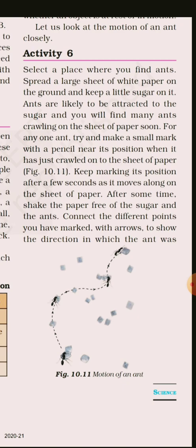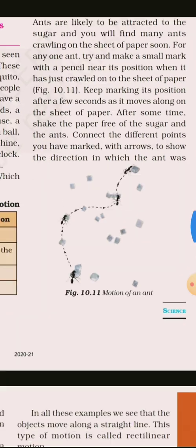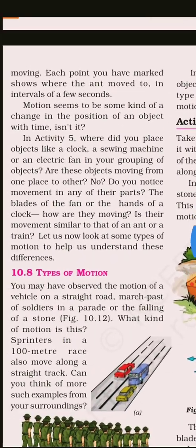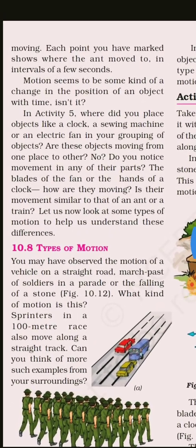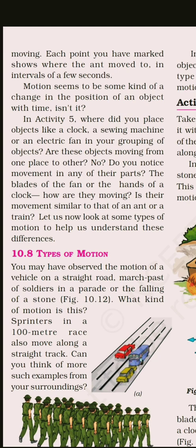Keep marking its position after a few seconds as it moves along the sheet of paper. After some time, shake the paper free of the sugar and the ants. Connect the different points you have marked, with an arrow to show the direction in which the ant was moving. Each point you have marked shows where the ant was moving to in an interval of a few seconds.